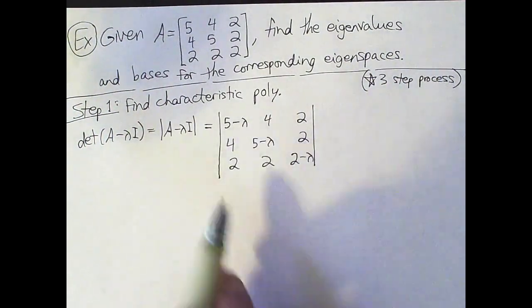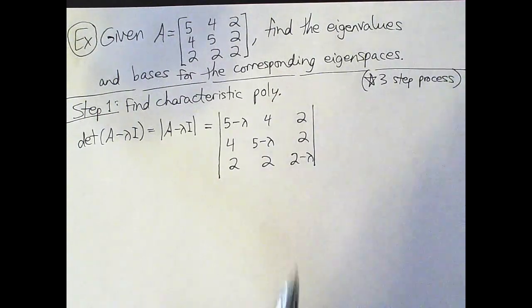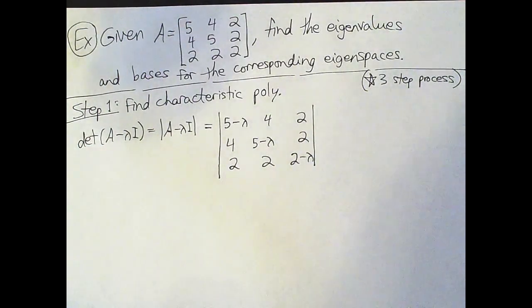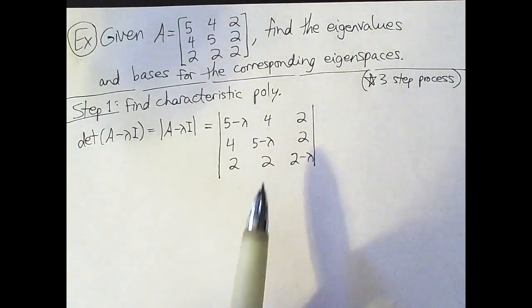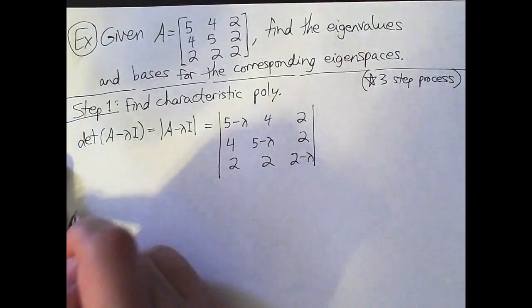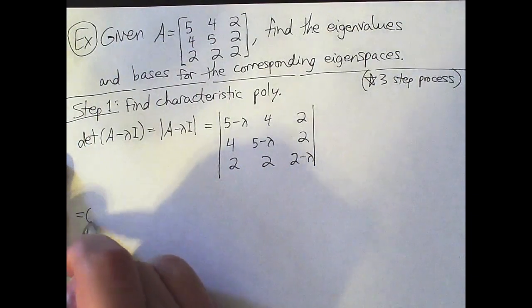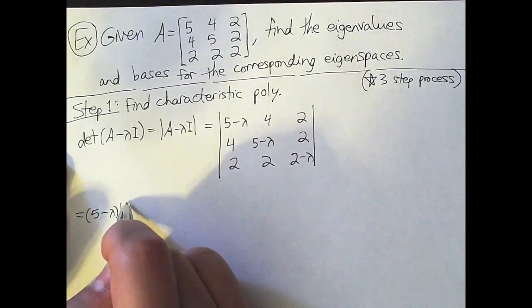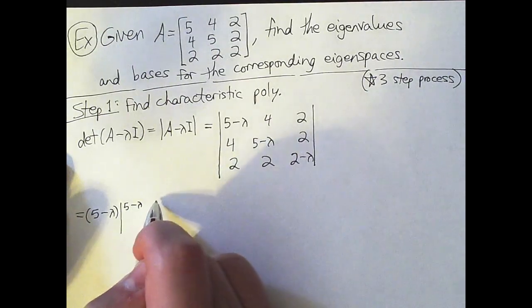So we need to find the determinant of a 3 by 3 matrix. It's not the determinant of A. Be careful about that. It's the determinant of this. So you know how to find a determinant of a 3 by 3 matrix? It would have been nice if there were some zeros somewhere in this, right? But there's not. So let's just go through the usual process. I'm going to take the first entry and then the determinant of this 2 by 2.